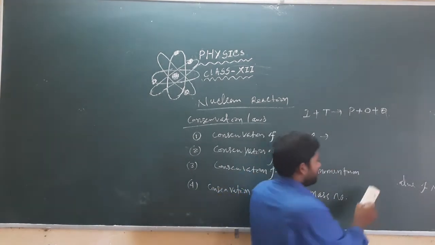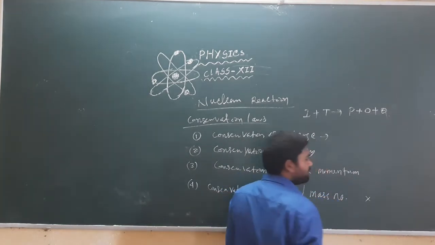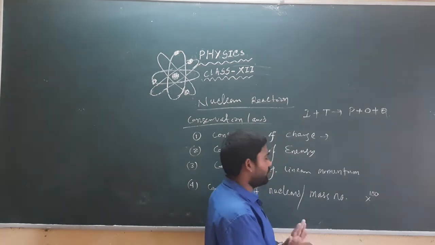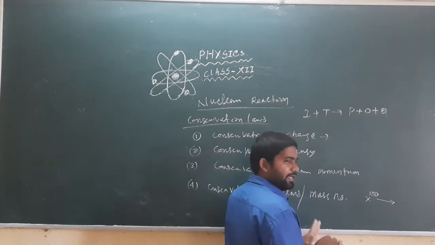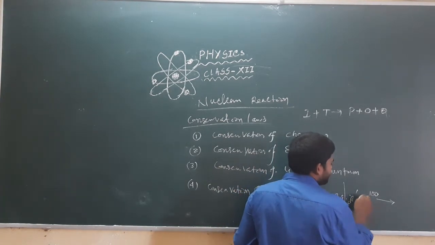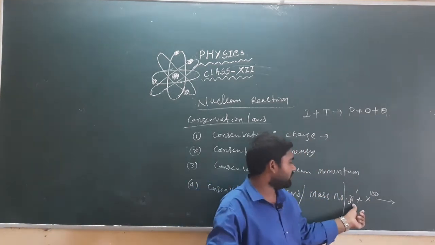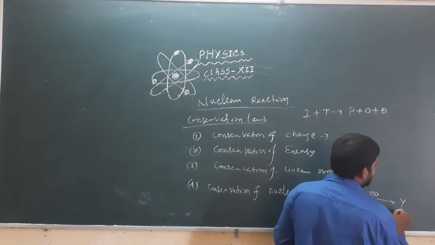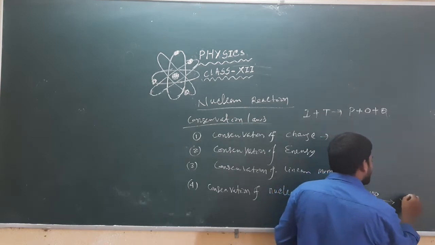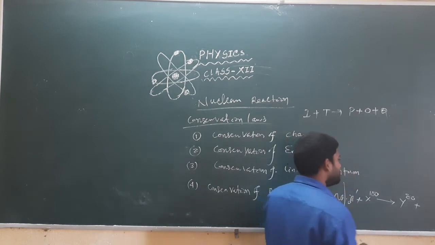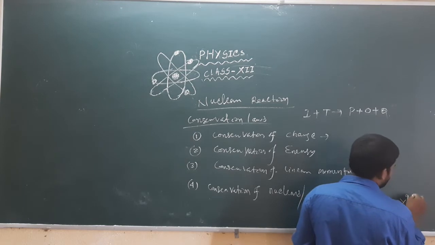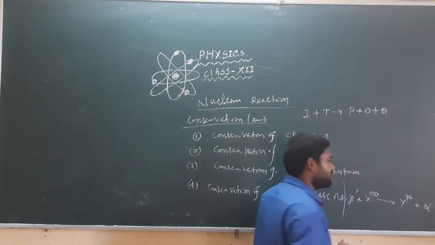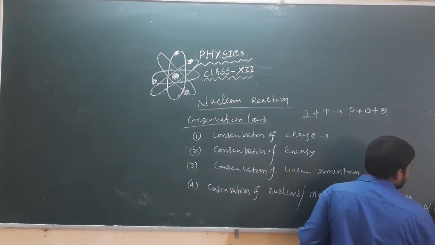Suppose in a nuclear reaction a radioactive element X contains 100 nucleons. When a neutron is incident on a nucleus having mass number 100, it converts to a product particle having mass number, suppose, 96, with an outgoing particle like an alpha particle. Alpha means that is He24.